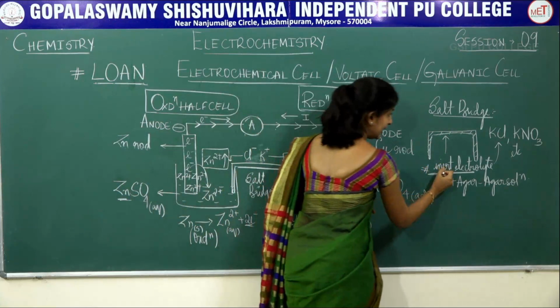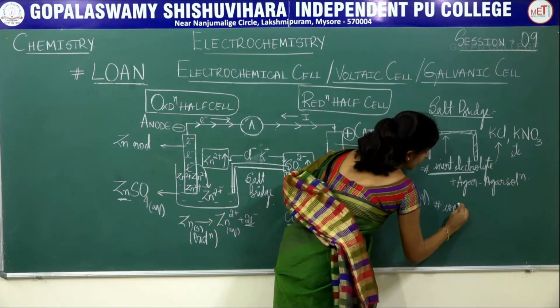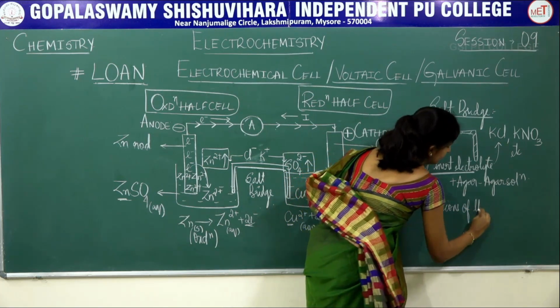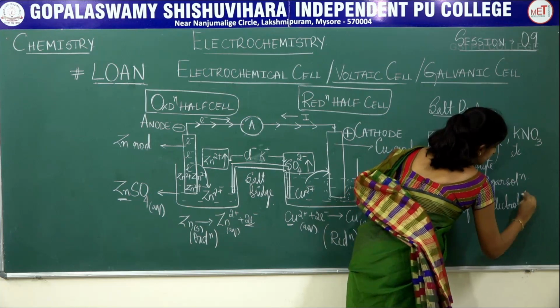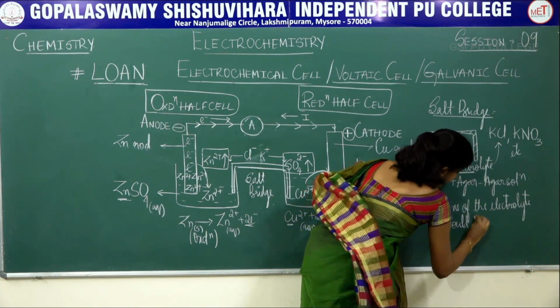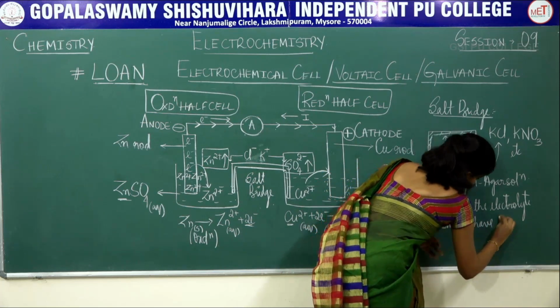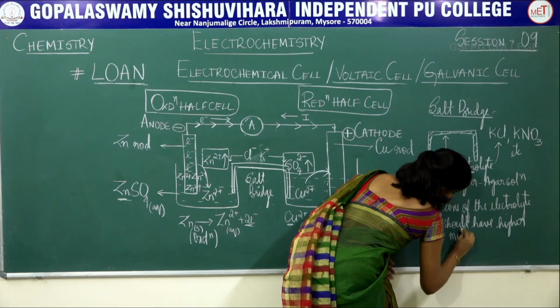So, the inert electrolyte as well as the ions of the electrolyte should have higher mobility.